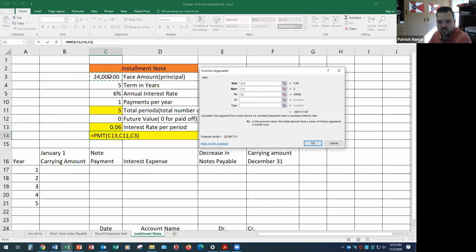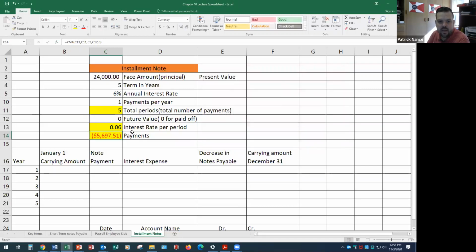PV is the principal amount, the present value. Future value, I want the value to be 0 when I'm done. Type is the only one that's probably a little confusing, and that is just whether the payment's at the beginning or the end of the year. In this case, I believe the payment's at the end of the year, so 0. Hit OK. And it comes out to 56,97.51. They rounded in the book, saying 56,98, to make this a little easier and more rounded.